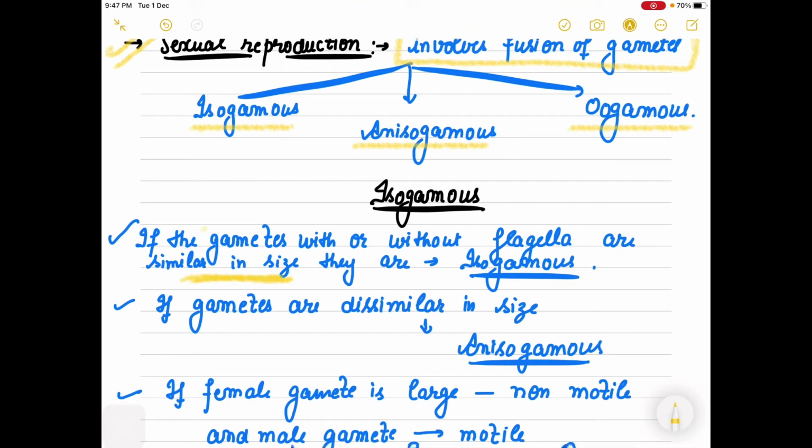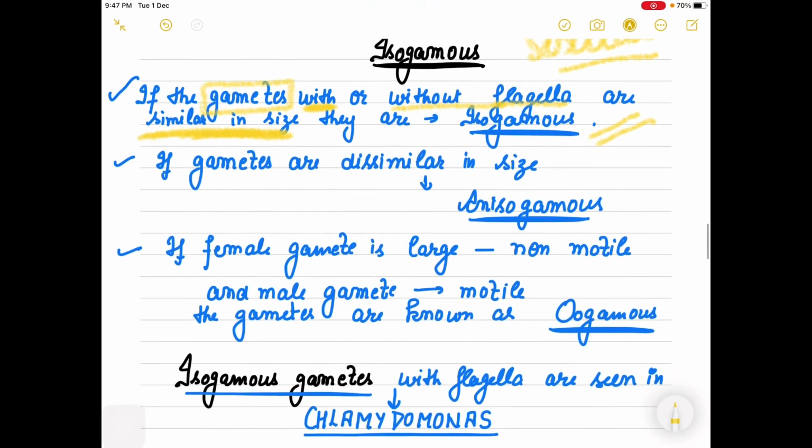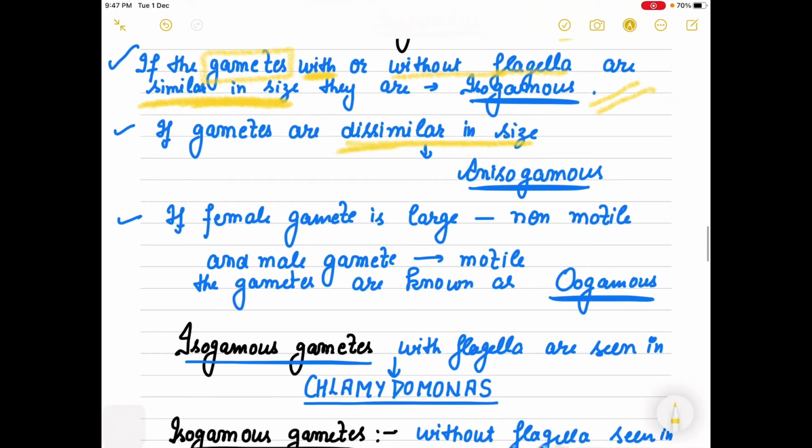One main thing to keep in mind is that if the gametes, either with or without flagella, are similar in size, it is known as isogamous. If gametes are dissimilar in size, that is known as anisogamous. If the female gamete is large and non-motile, but the male gamete is motile, then it is known as oogamous.